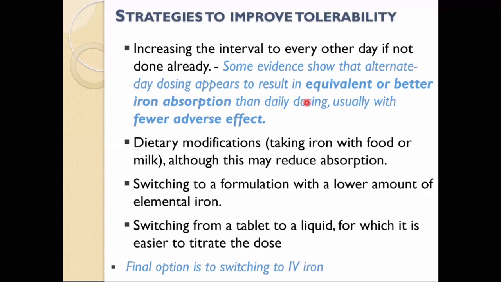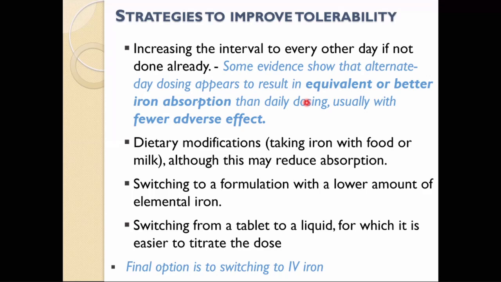Then the other thing is to do dietary modifications. So although iron is better absorbed if taken on an empty stomach, if they can't tolerate it, we can ask them to take it with food or some milk. The absorption will be affected, but still the tolerability will be improved.